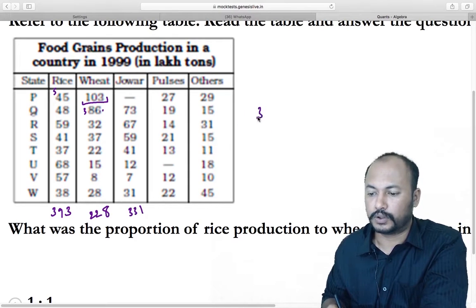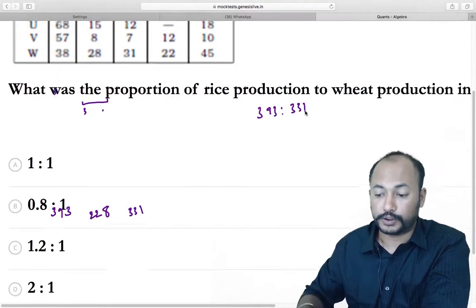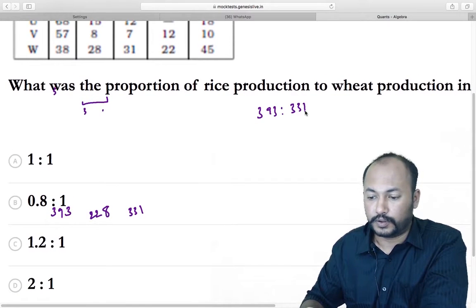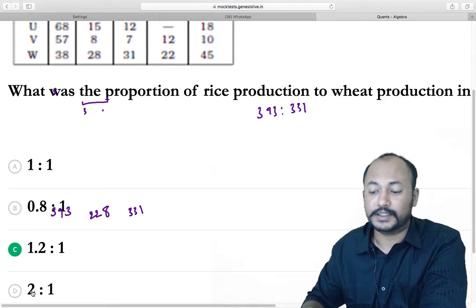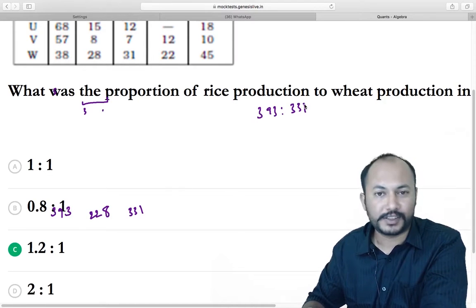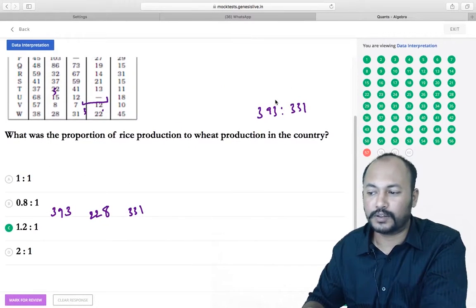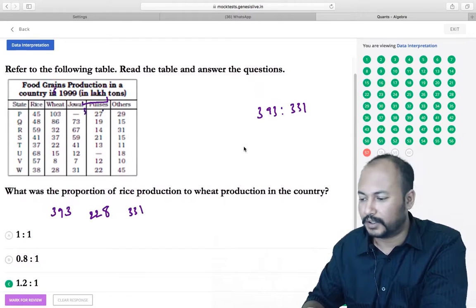Okay, so 393 is to 331. Look at the options. Fine, I'll go with this option. I will not even calculate this. Why? It's not 1:1. It is not 0.1 because this is more and this is less, and it is definitely not 2:1. This is not double of this, right? So no need to even further simplify. Great. Next question.